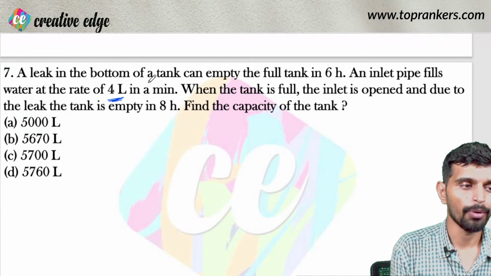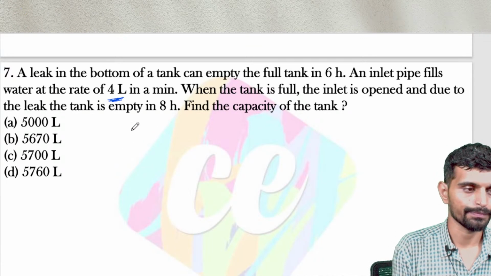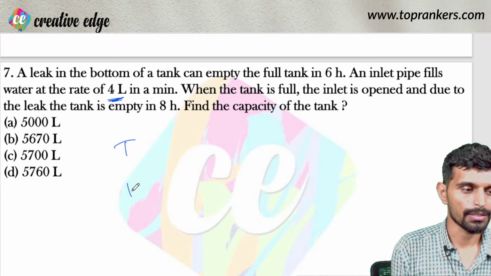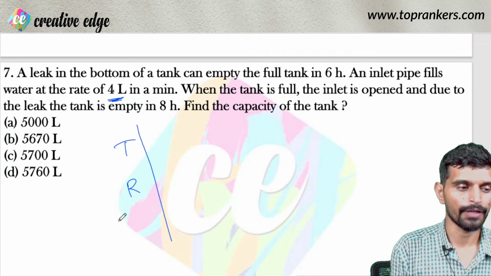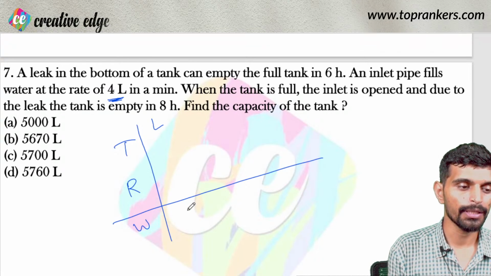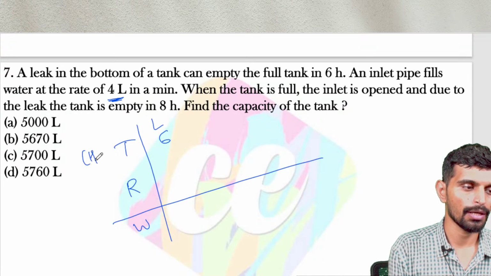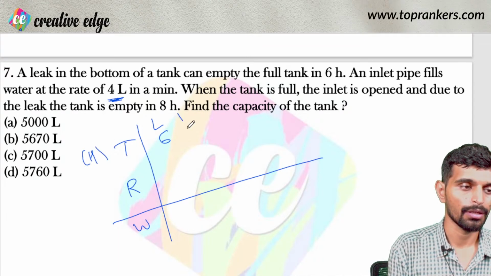A leak in the bottom of a tank can empty the full tank in 6 hours. This is also the concept of negative work. The leak works in the opposite direction, so the leak empties in 6 hours.